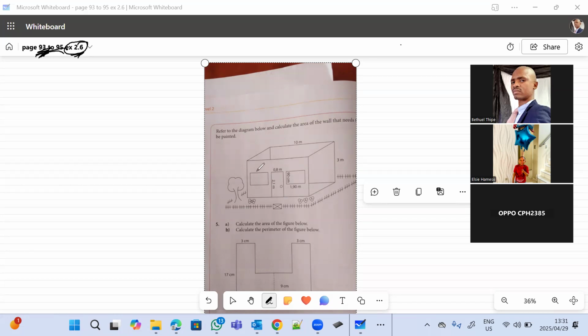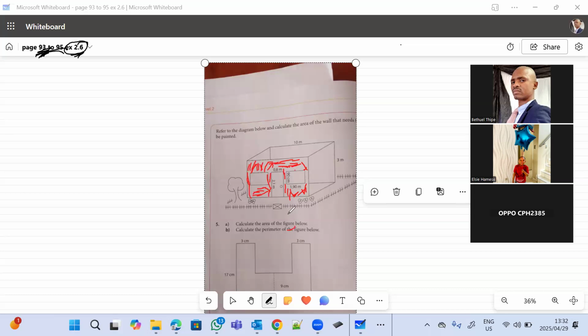They want you to find the area of the front wall. So let's agree that this is the wall. I'm trying to shade this because we have to calculate the area of this wall, only the front wall.